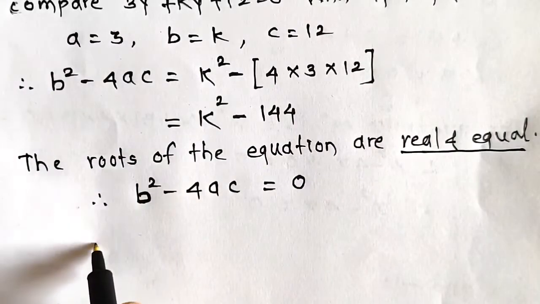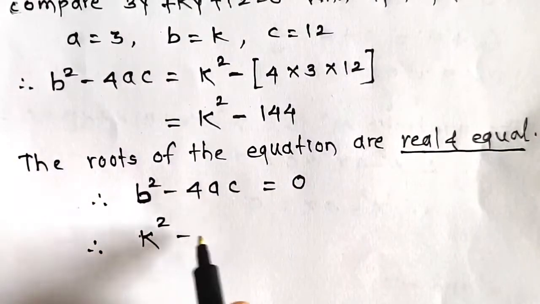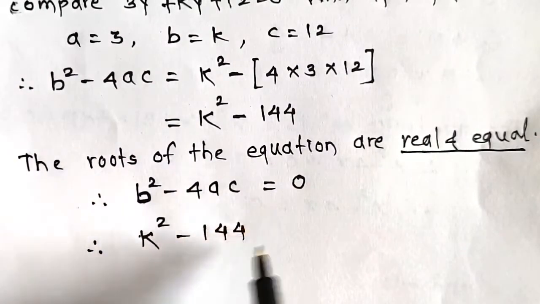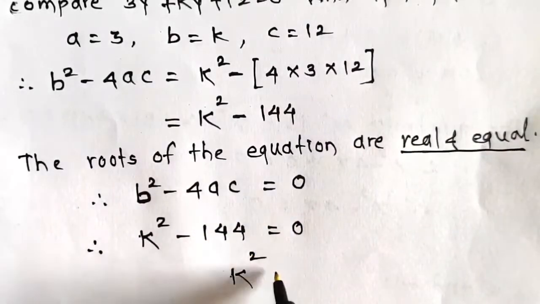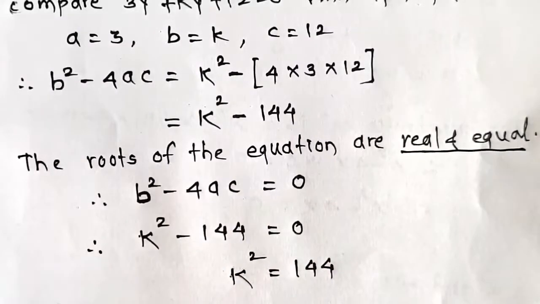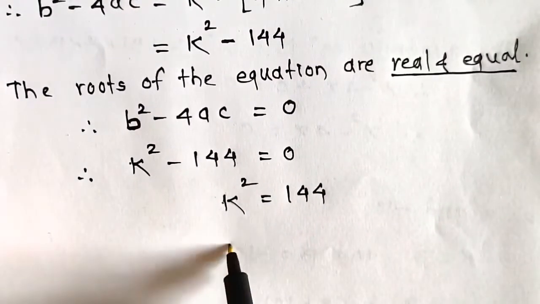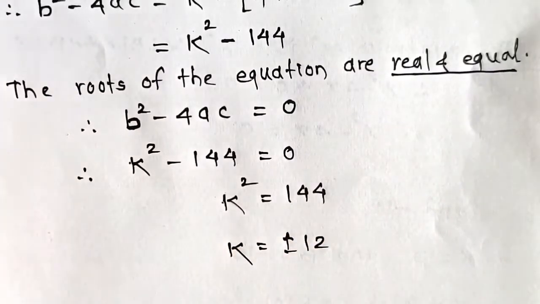Now substitute the value of b square minus 4ac, which is k square minus 144 is equal to 0. Therefore k square is equal to 0 plus 144. Now k is equal to, 2 roots, plus minus 12.